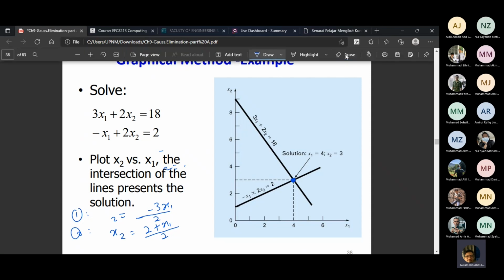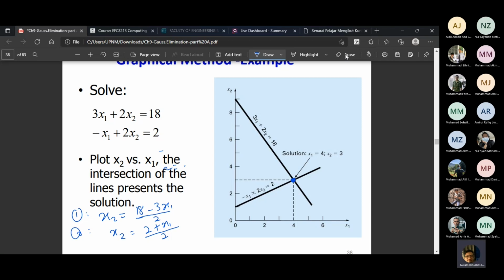First, rewrite this as x2. So we got x2 equal to 18 minus 3x1 divided by 2. And for the second equation, we have x2 is equal to 2 plus x1 divided by 2. And we plot this graph on x2 versus x1 plot.